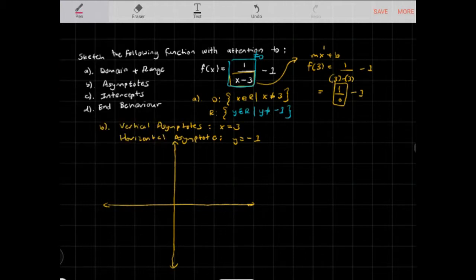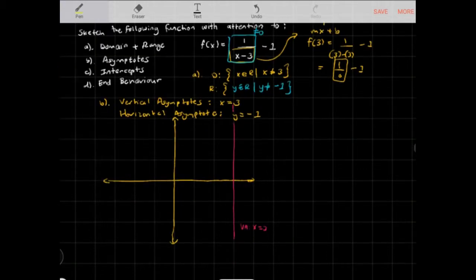So this is my vertical asymptote, x is equal to 3. I'm going to make each of these giant squares go up by 1. And my horizontal asymptote, I'm going to do this in green, my horizontal asymptote is y is equal to -1. So these asymptotes act as essentially a boundary or a barrier, and it prevents the graph from crossing these points.